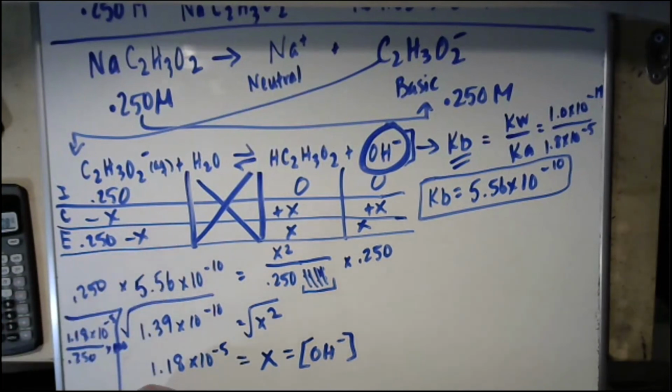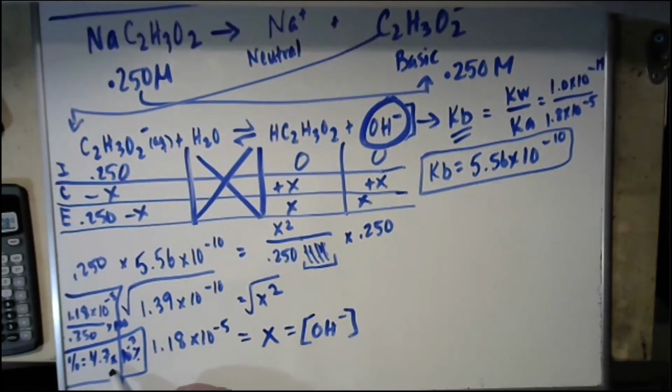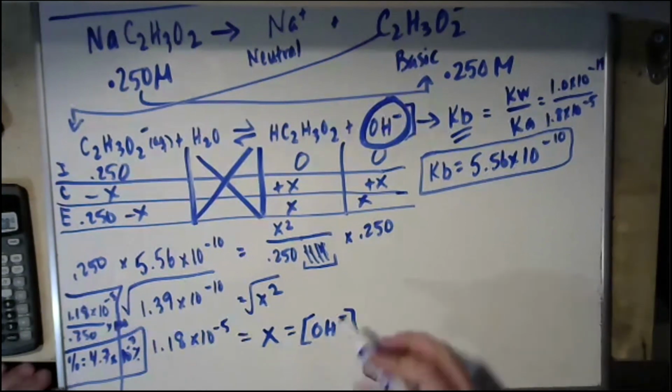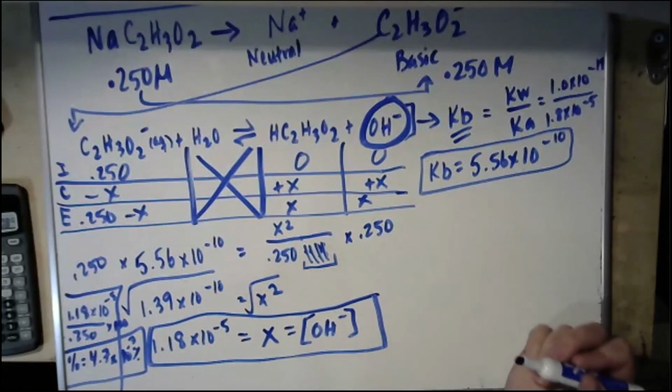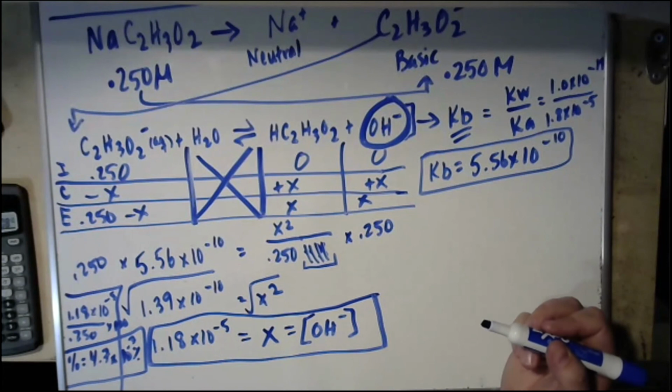And we get a percent of 4.7 times 10 to the negative 3, which is really small. It's well below 5%. So we can keep rolling with this as our hydroxide ion value.